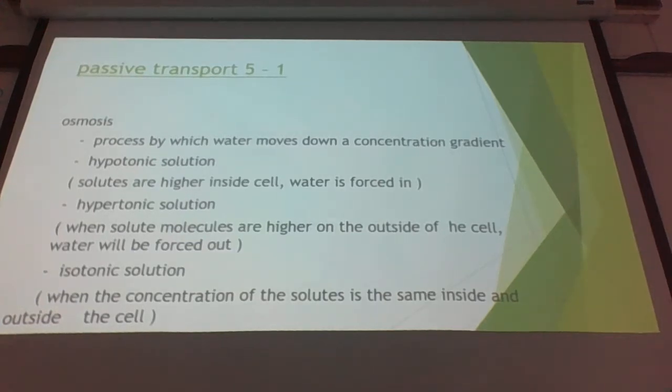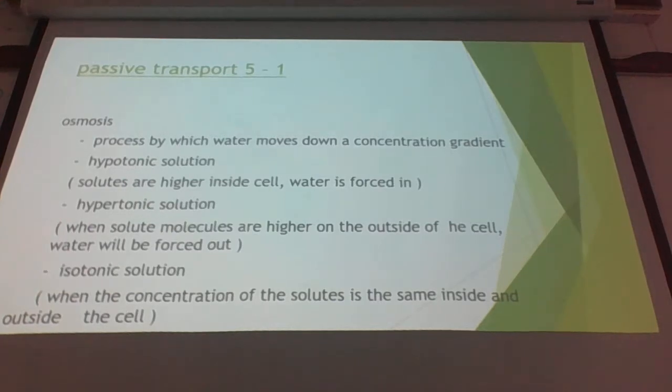Water would then be forced out because it wants to make the same concentration of water with these solutes. If you're drinking all of this salt water, you're going to have a higher concentration of salt on the outside of your cells as opposed to inside. Therefore, you're forcing this water out, and that will continue until the cell dies. Should that happen long enough, that can be fatal for someone, from having too much salt in their body.